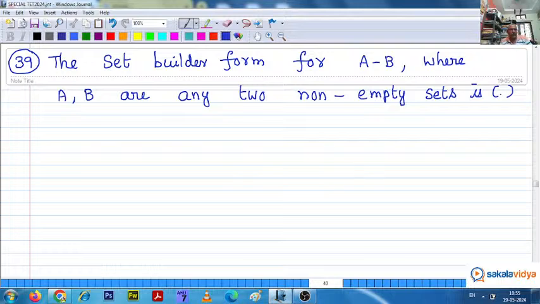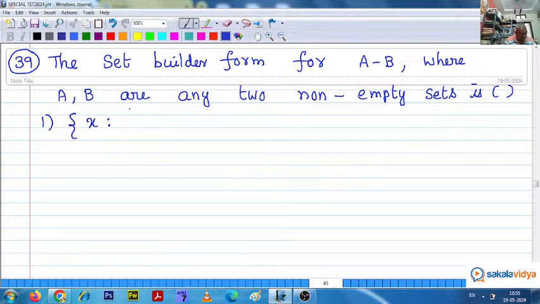So you are asked to write the set builder form for the set A minus B. A minus B means the difference of the two sets.